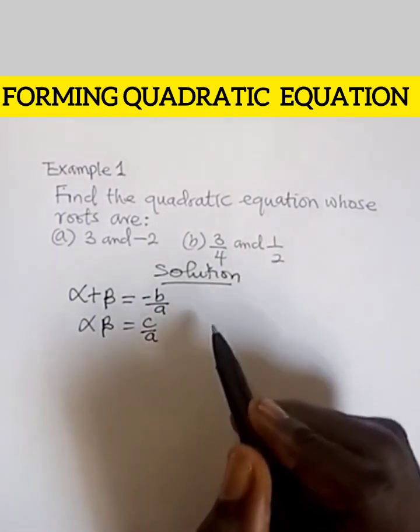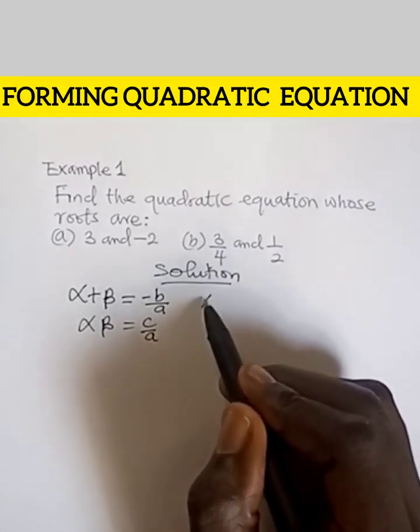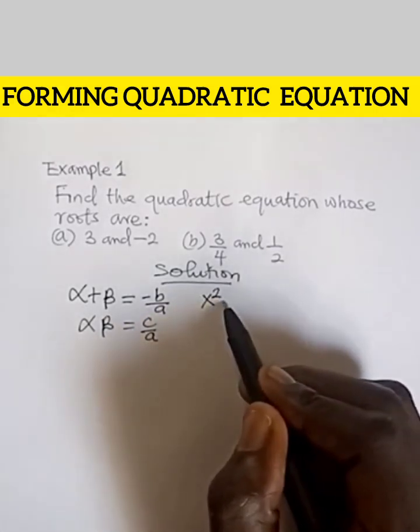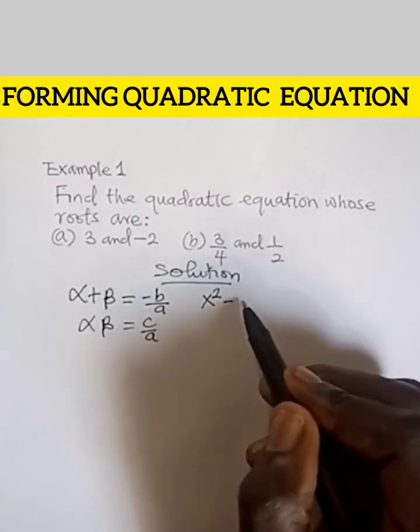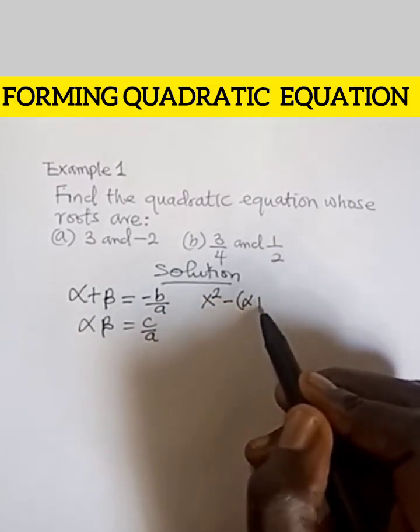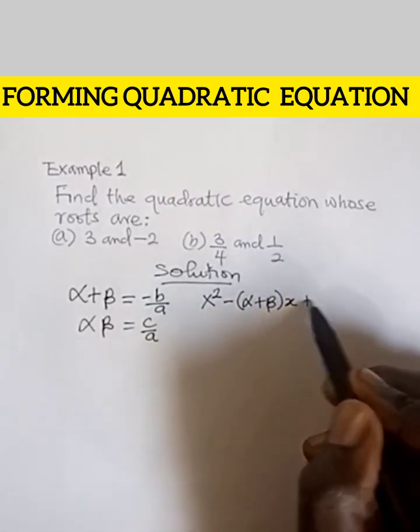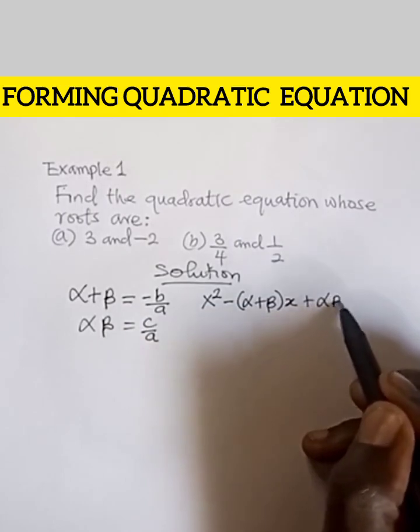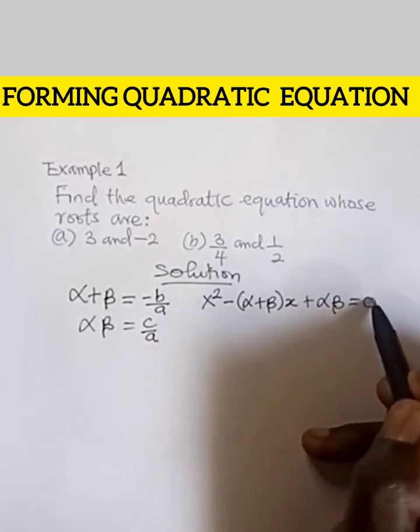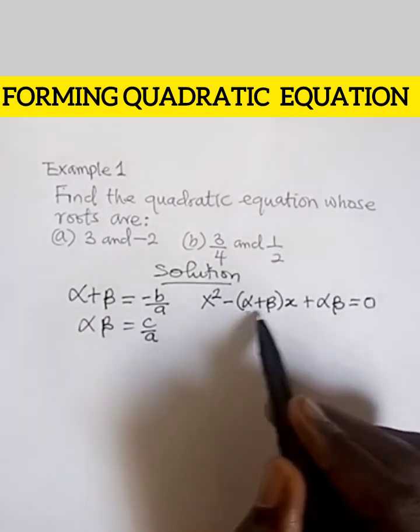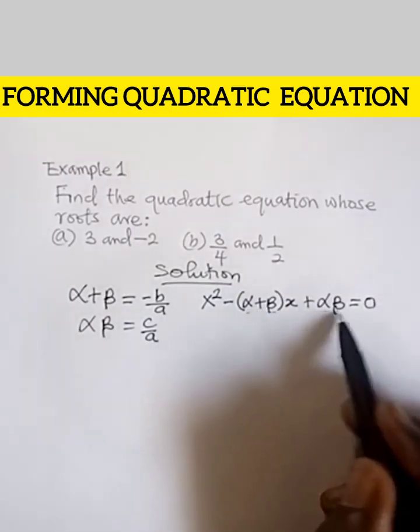This time around we are going to use the quadratic equation which we had in the previous tutorial, which is x squared minus (alpha plus beta) x, plus alpha beta equal to 0. So this is our sum of roots and this is our product of roots.